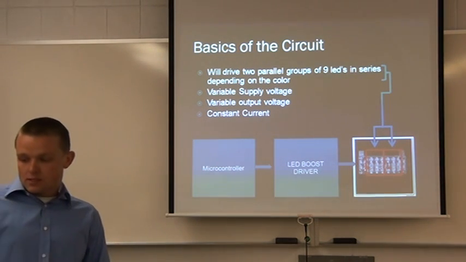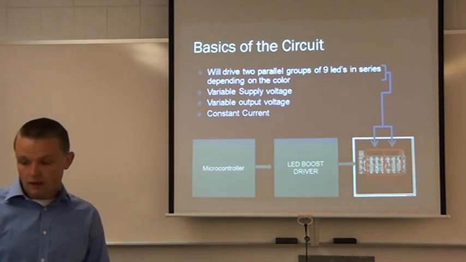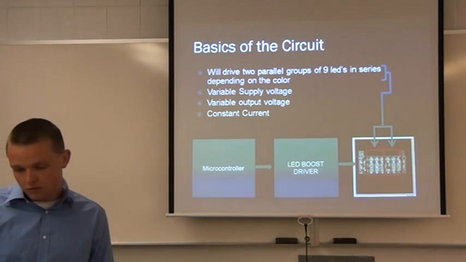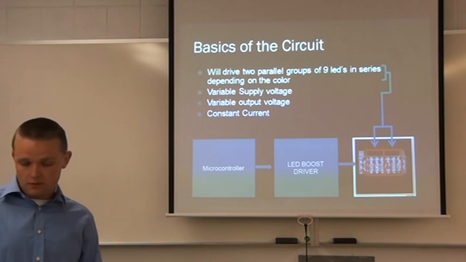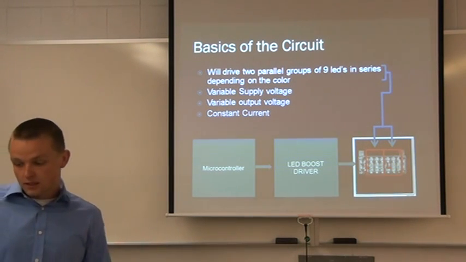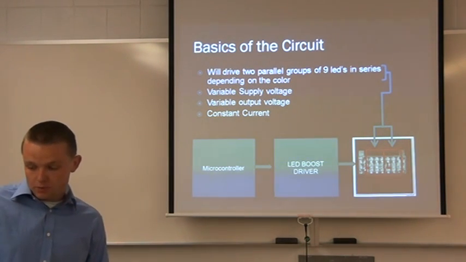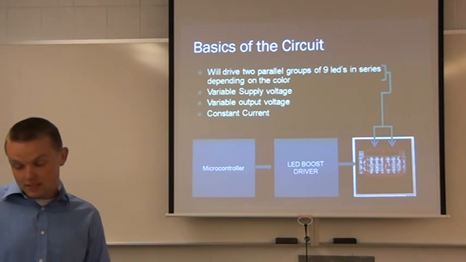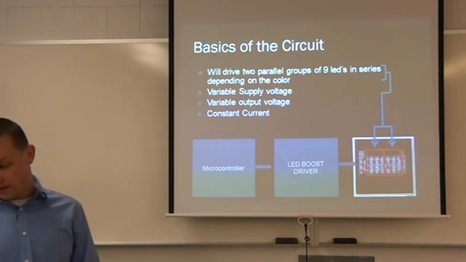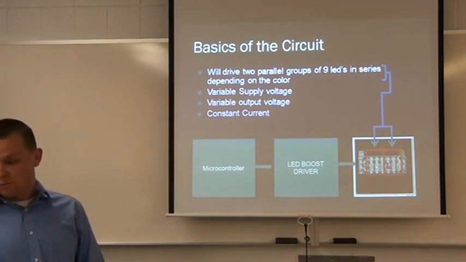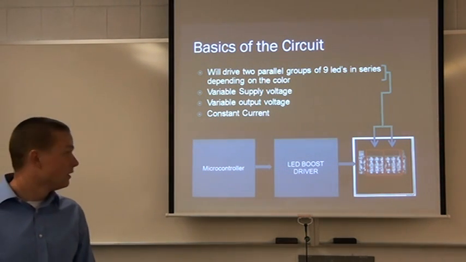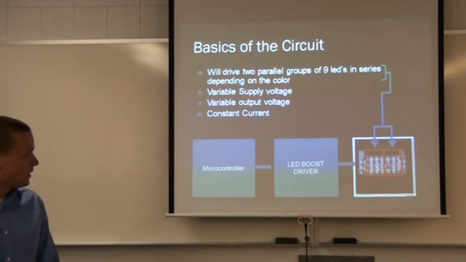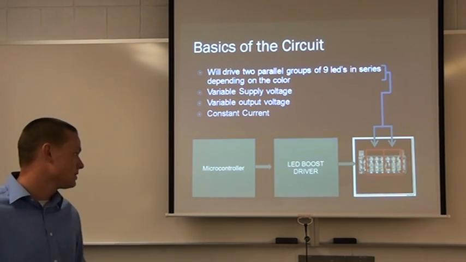So the basics of the circuit: I will use the microcontroller to execute code to flash the LEDs. The LED boost driver drives the LEDs, powers them up to the brightness that I would like. And on the board you can see I've got 2 red boxes.